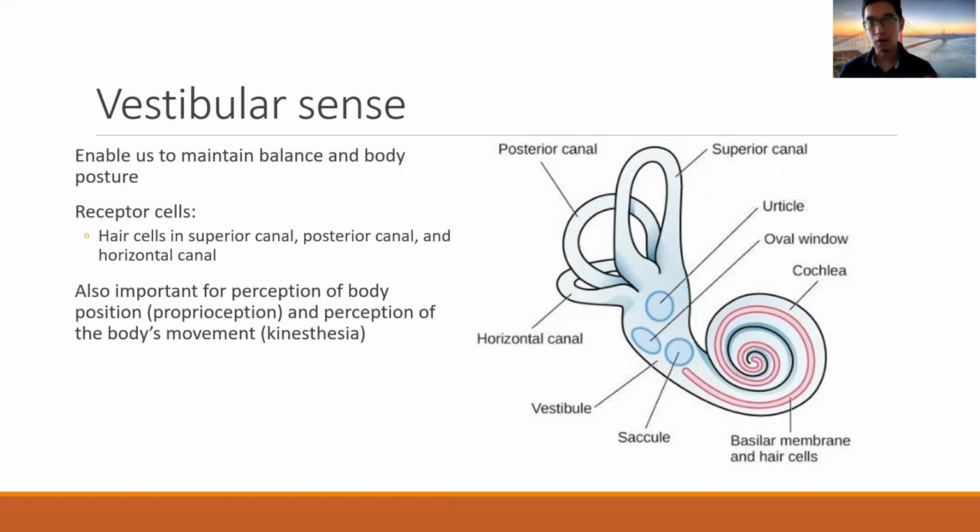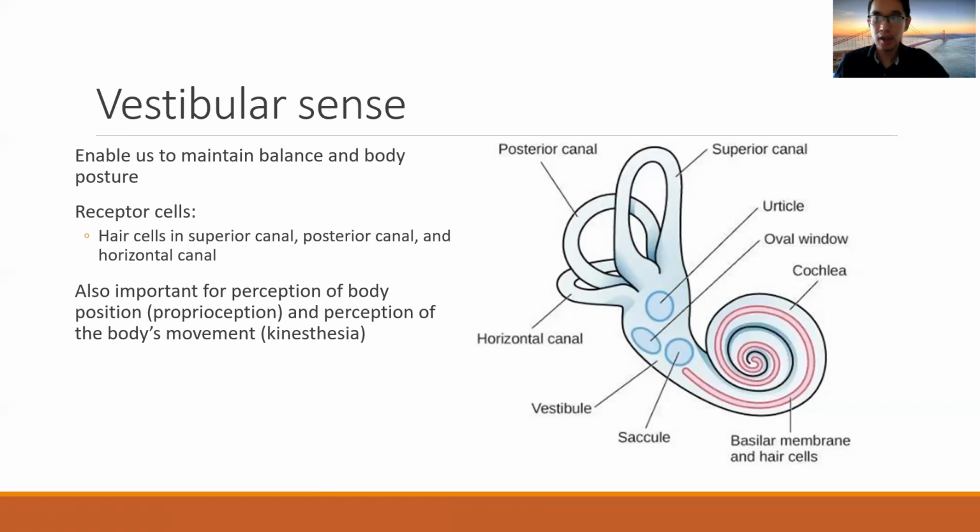Of course, it's also important for proprioception, the perception of the body position, and also for the perception of the body's movement. Because vestibular sense, proprioception, and kinesthesia, these three senses rely on the movement of the body, right?